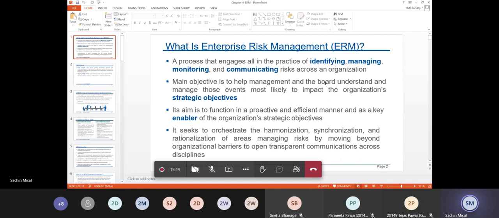As experts in a particular department, working there for the last 10 years, we know everything and look from our own views. But someone from a cross-functional area, from another department, or some external person will come, go through the process, and identify risks that you had not identified.